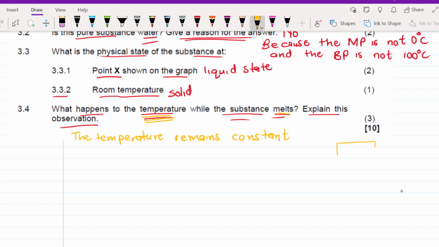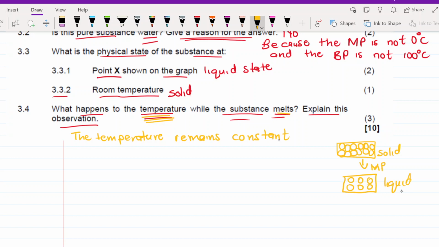You remember in the solid state, the water molecules or particles were closely packed to each other. This was a solid state. Now it is moving from solid to liquid. So what happens when you increase the temperature? We increase the temperature and it reaches the melting point.